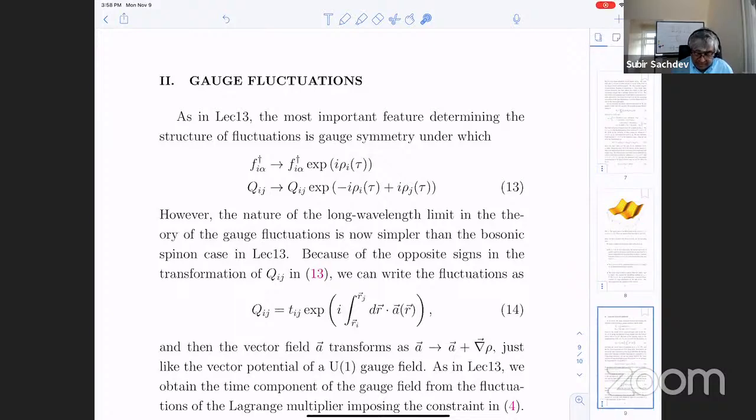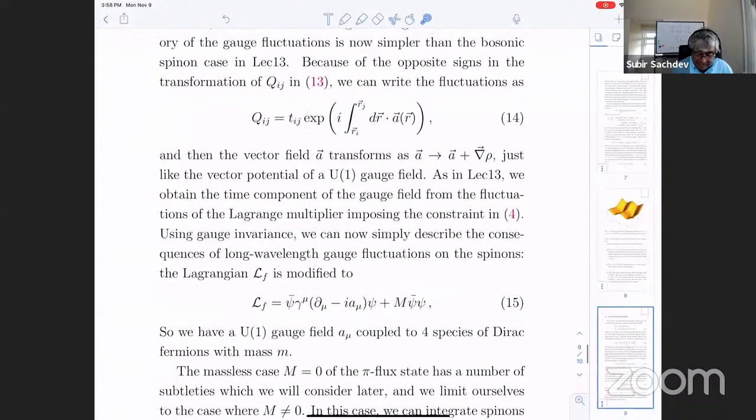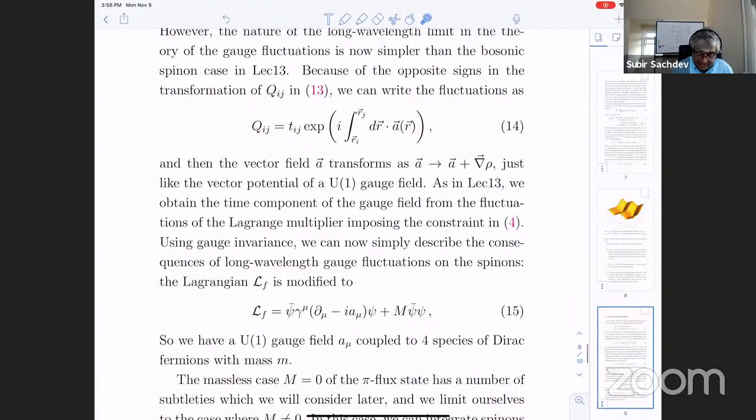Okay. So what is the theory of fluctuations? Well, it turns out to be very simple. You have these Dirac fermions now written in the most confusing particle physics notation. Psi bar, gamma mu d mu psi. And then you have a U1 gauge field coupled to it. And that's it. This M is 0 right now.